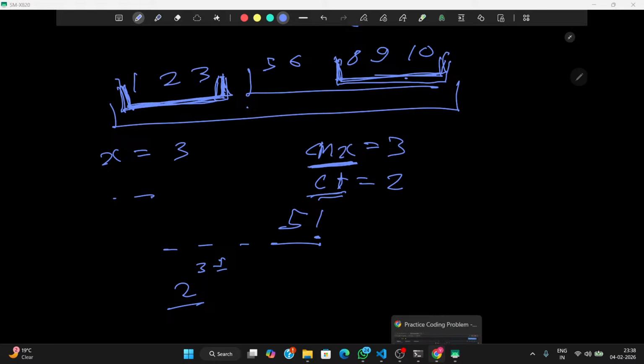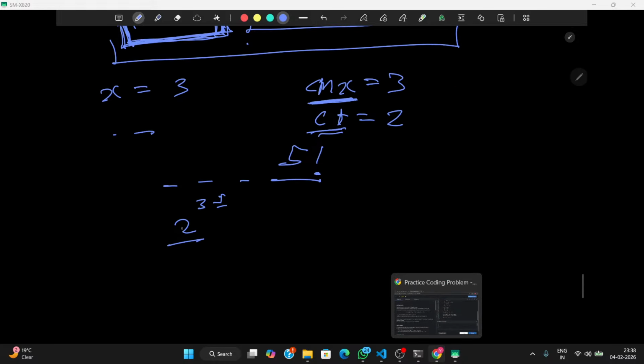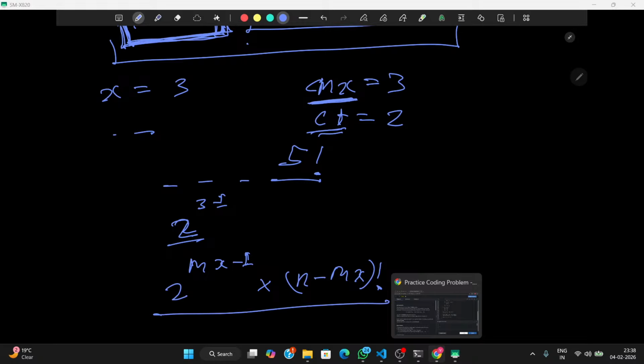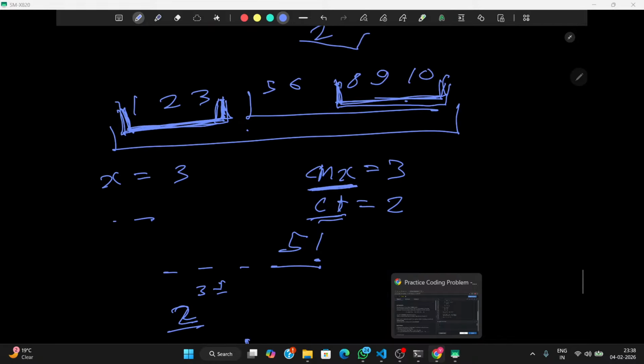And then for that, we'll calculate the answer. The answer will be simply 2 raised to the power mx minus 1 into n minus mx factorial. And we are going to take this count times, as there are count number of subarrays of this same length, right?